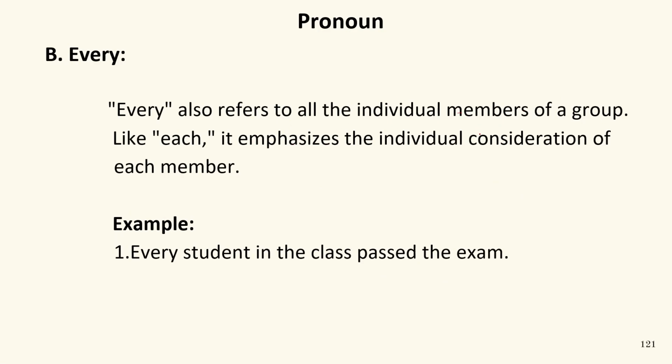Like each, it emphasizes the individual consideration of each member. For example, every student in the class passed the exam. It means we are talking about every member of that class. So every can be represented as the word all, but it is followed by a singular noun. It means individually we are talking about every student.